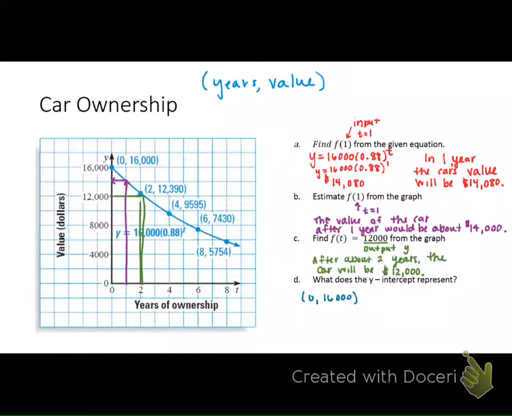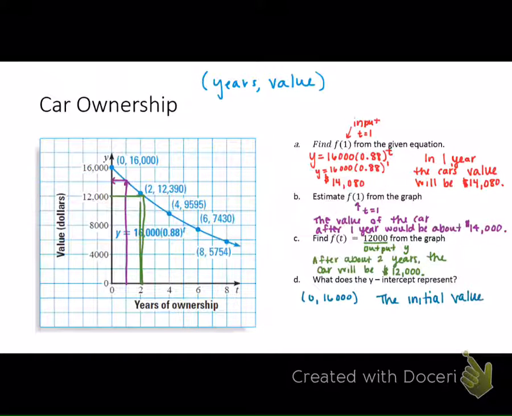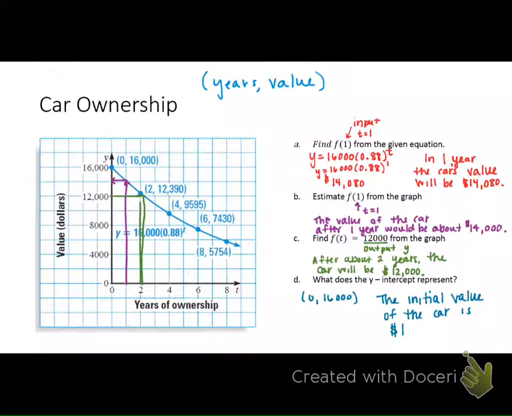Yeah, so that's basically when you've purchased your car, right? When you purchased your car, it was $16,000. So the initial value, and if you said it the way Kelly said it, I would give it to you too. The initial value of the car is $16,000.